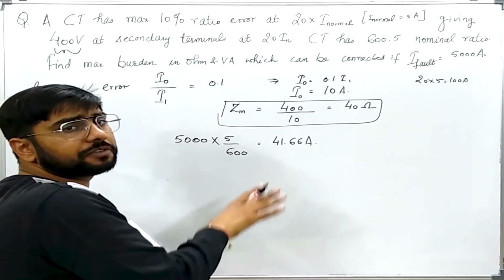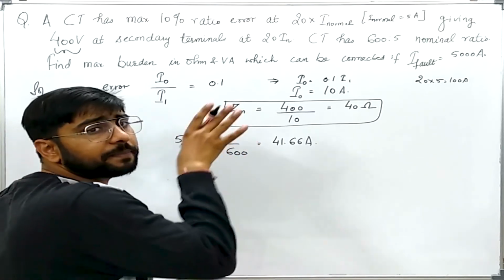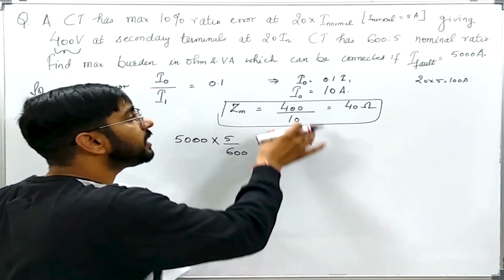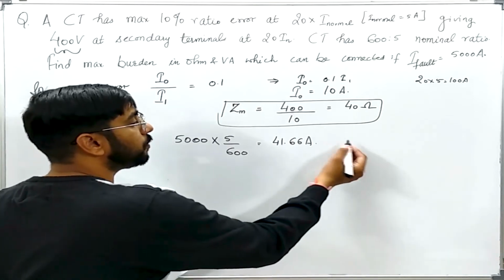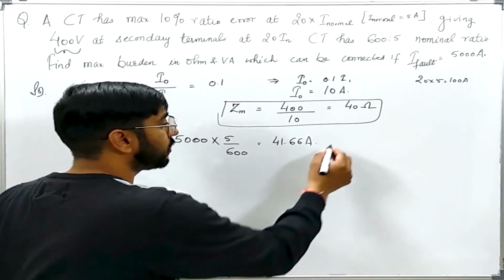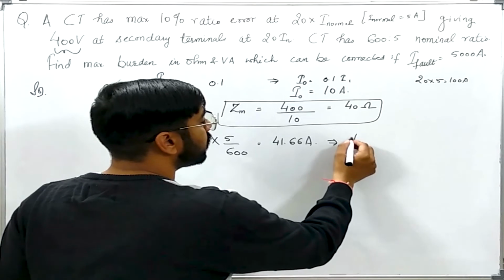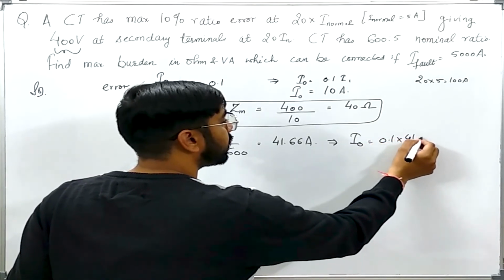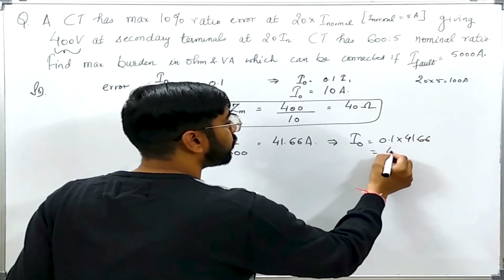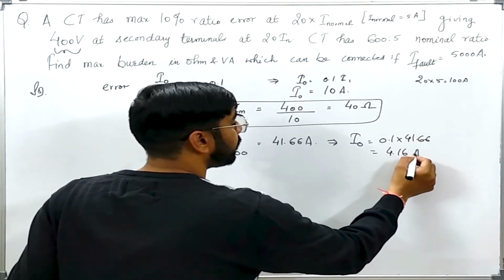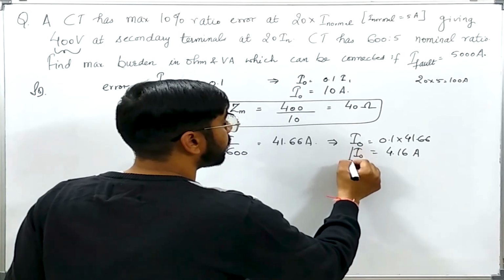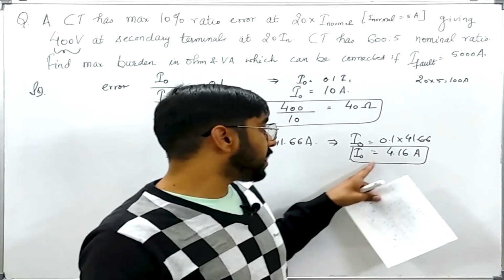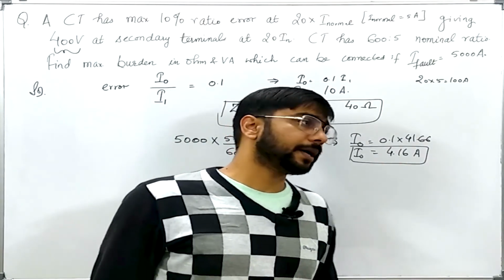Now let us say that even at this current the error is maximum, because we want to find the limiting value of the burden. So let us take some pessimistic results. Let us say that even at this current the error is maximum, equal to 0.1 or 10%. So it implies I naught will be equal to 0.1 times 41.66 ampere, or equal to 4.16 ampere.